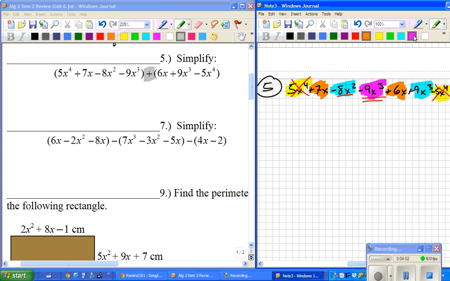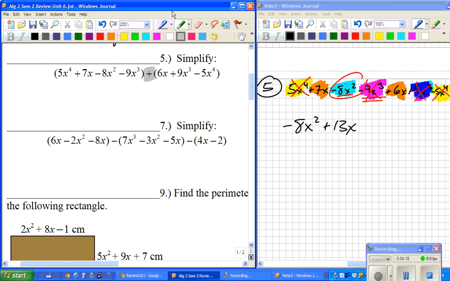Oh, I had another negative 9x cubed right here, okay? And those guys actually cancel out. So we're left with negative 8x squared plus 13x, okay? So all we had to do is write our final answer, negative 8x squared plus 13x.